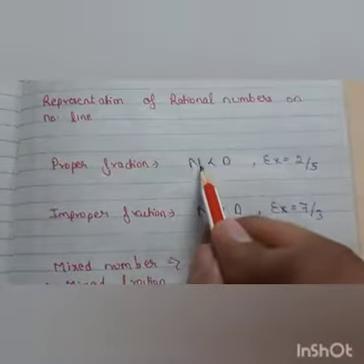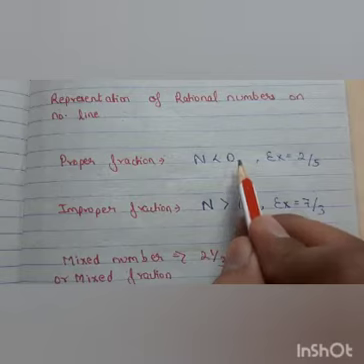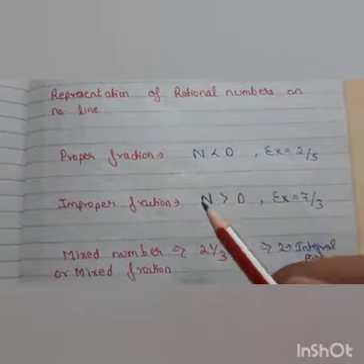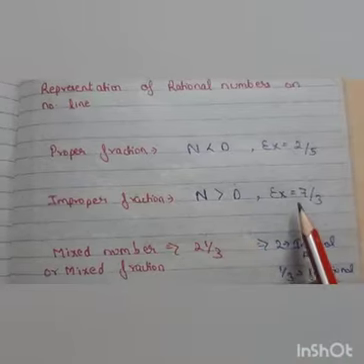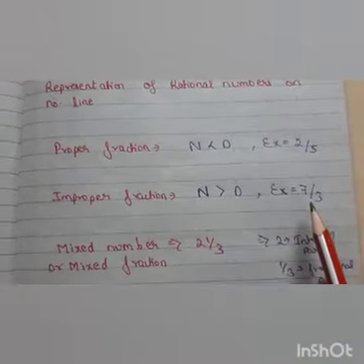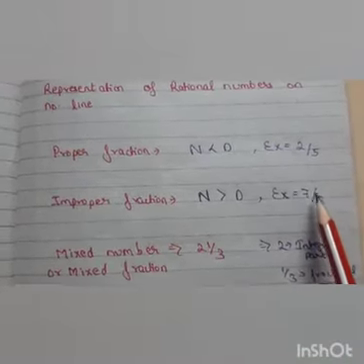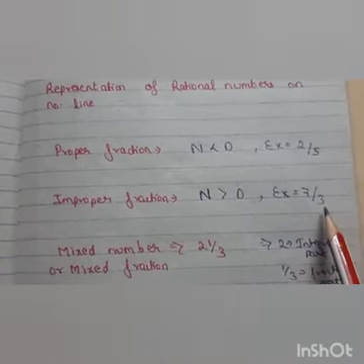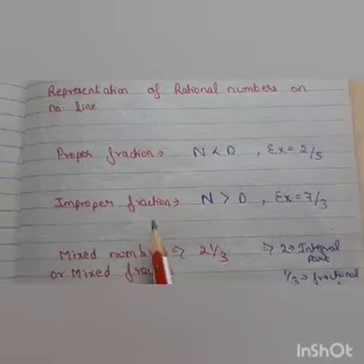These are known as proper fractions. See, I have also written here numerator is less than denominator. And just the opposite of it, what are improper fractions? When the numerator is greater than the denominator, that means the value of the numerator is more than the denominator, these are known as improper fractions.